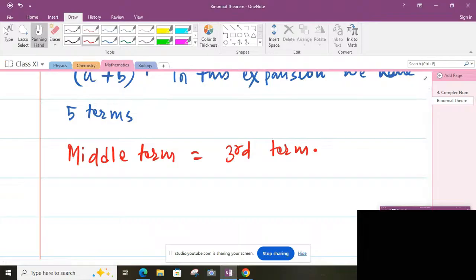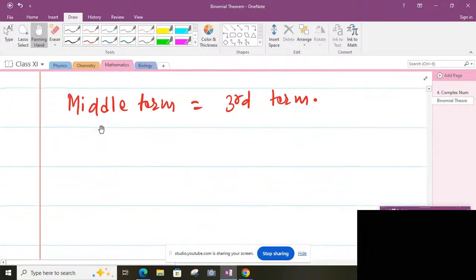So here the third term will be 4C2 into a to the power 4 minus 2 into b to the power 2.